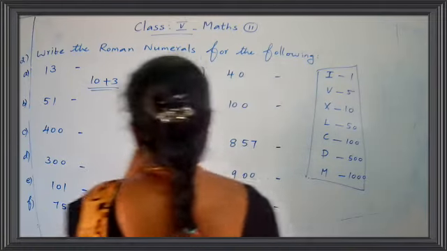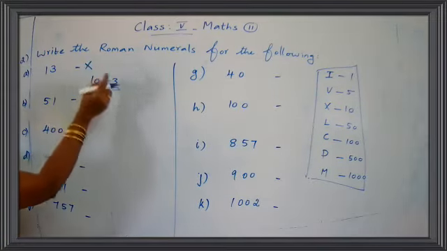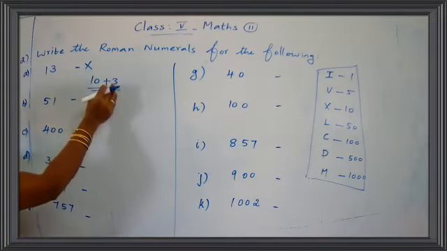Okay, children. Now you say 10 stands for X. So X, then 3. 3 times I. So that's why XIII. So XIII stands for 13. Now next one, 51.